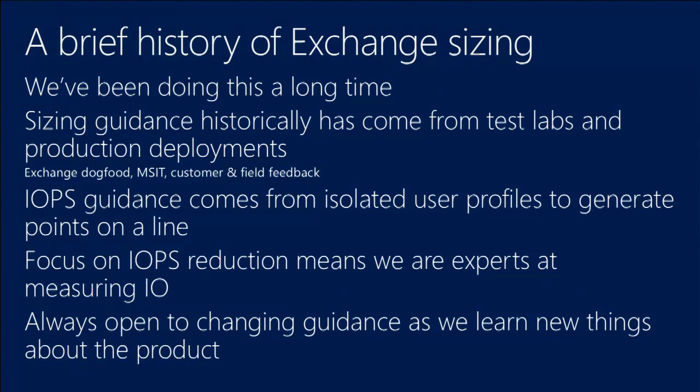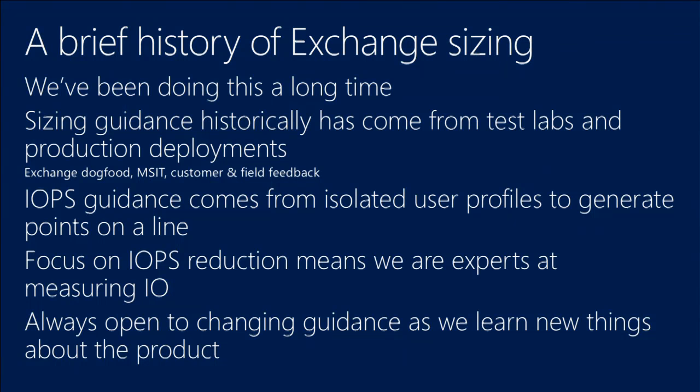So in terms of IOPS guidance, storage throughput guidance, that's probably the thing that we're best at measuring. And that really comes 100% from production data, production observations. What we do is isolate different profiles of users, different buckets of user types.